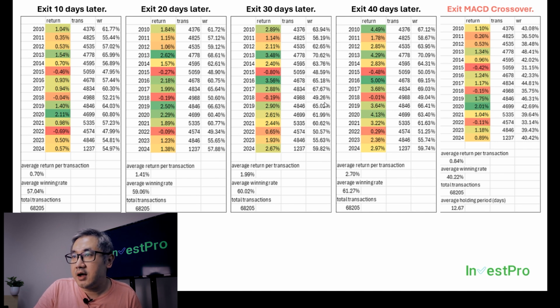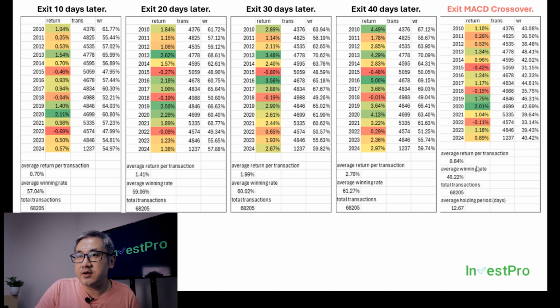I would say it's kind of obvious that the returns are positive here, because the US market tends to be bullish, tends to be positive. So it's not because the MACD crossover exit gives you an edge or advantage as a trader, but that's a behavior, I would say, the DNA of the US markets, being bullish and giving you positive returns. To be more precise, the positive returns are not because of the technique, but because of the behavior of the US markets.